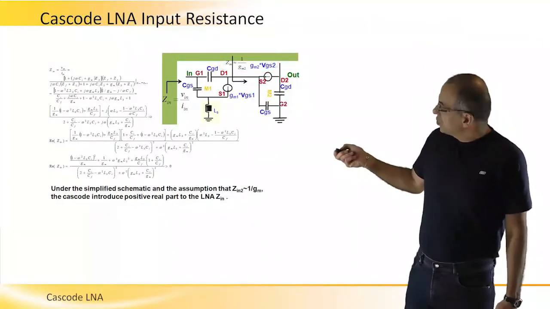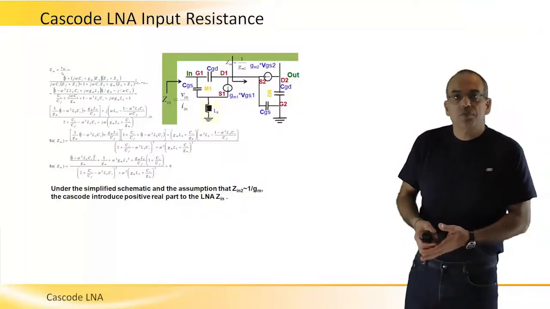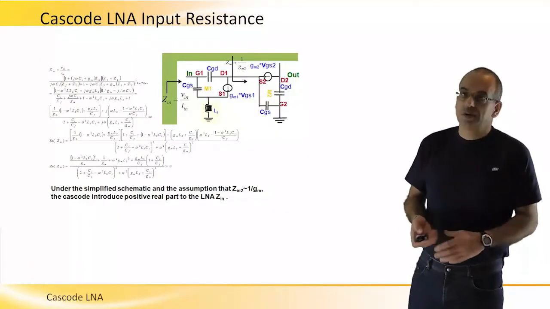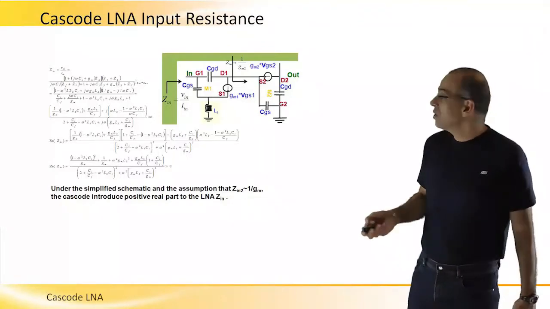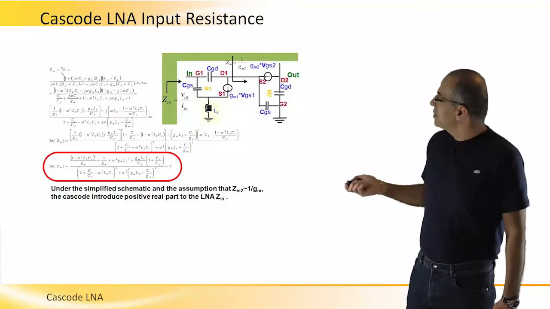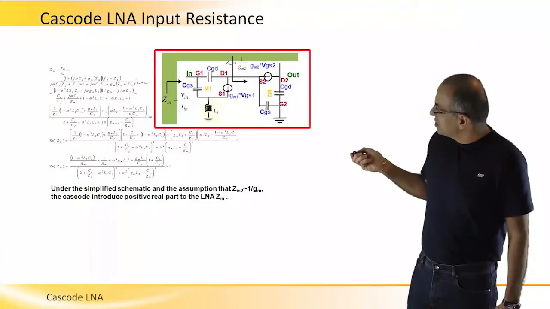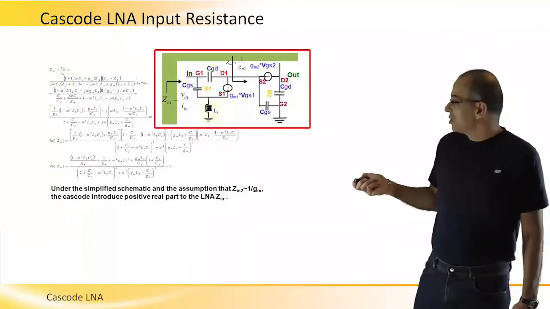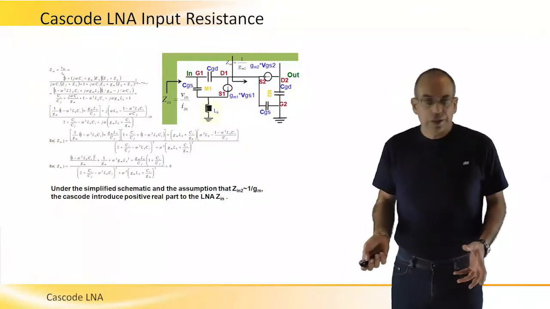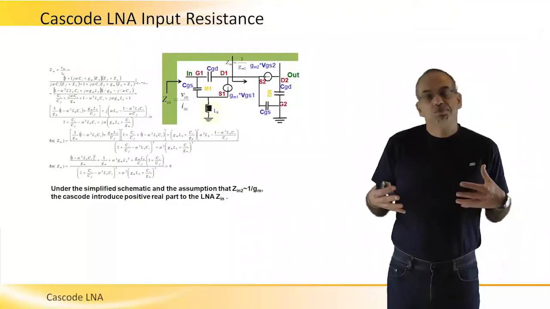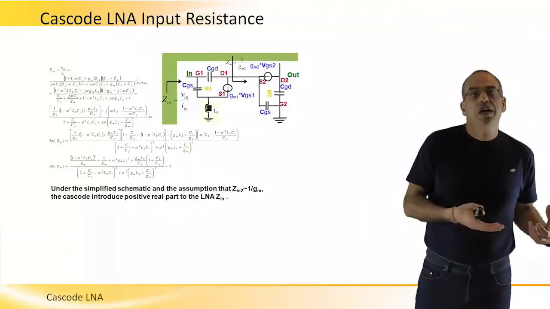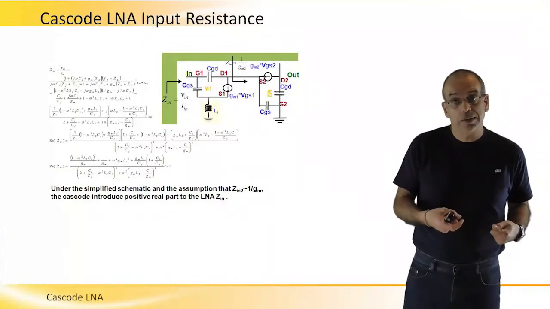And we can go through all this analysis, basically following similar analysis that were shown before, to find out that the real part of Zin in this topology under these assumptions is always positive. So we have solved the negative resistance problem that was part of the design of the common source LNA.